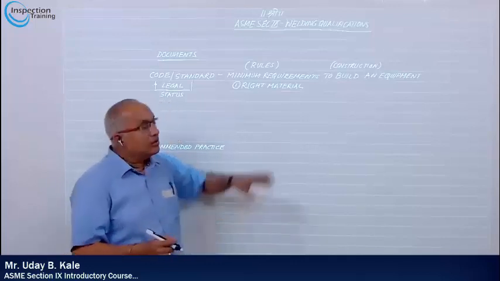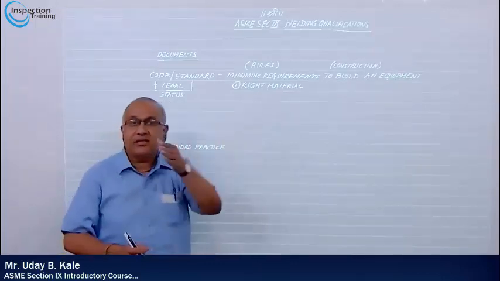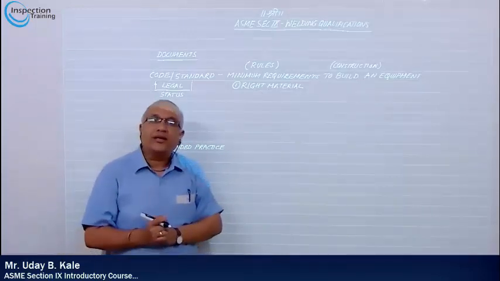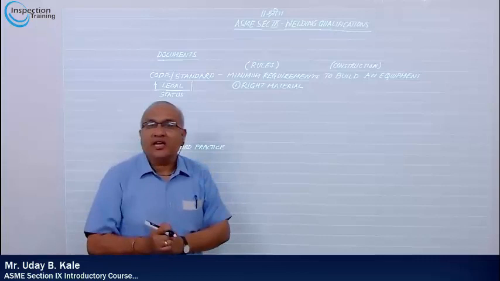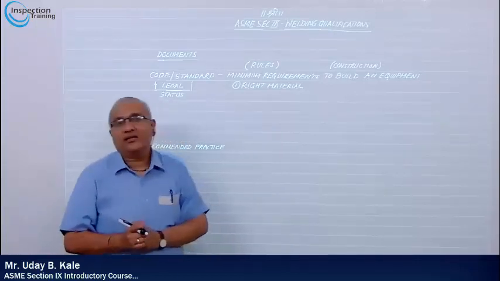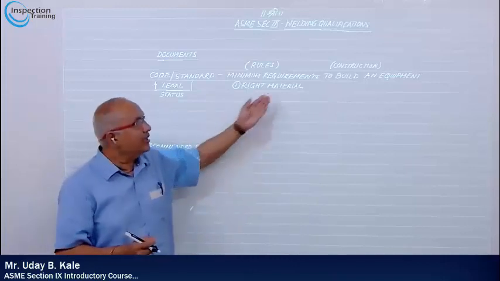So the very first thing that they give is the right material that you want. And that's why the specifications for materials are given in the code or standard in terms of right material.